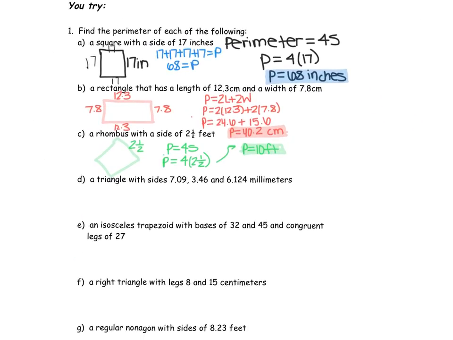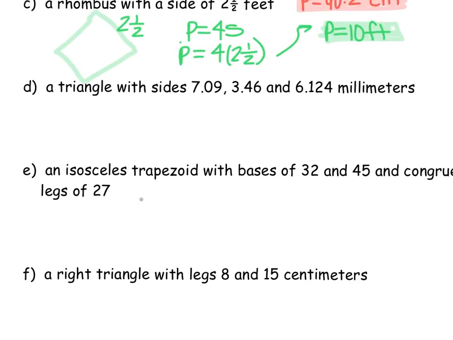There's an isosceles trapezoid with bases of 32 and 45 and congruent legs of 27. So I just want to go ahead and draw that one out. The bases, remember those are your parallel sides, are 32 and 45, and your legs are 27.